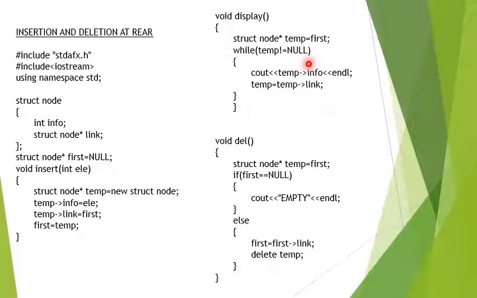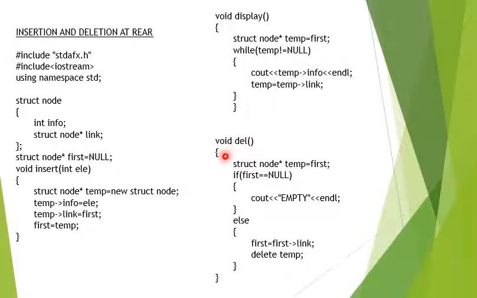If it is equal to NULL, there is no value available, so you directly come out of the loop and end. Otherwise it goes on in a looping structure, so temp arrow info will print the value which is there. After that, temp is equal to temp of link, you travel to the next node, and print the next information present in that.